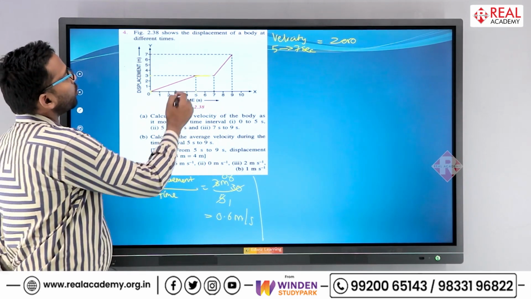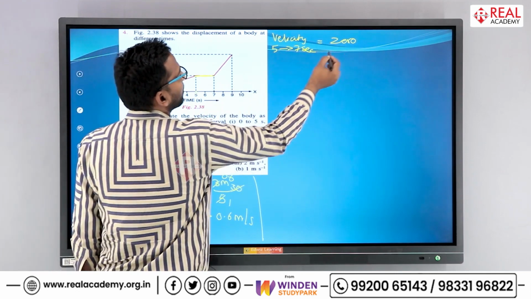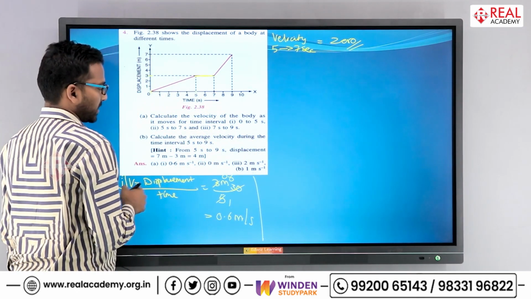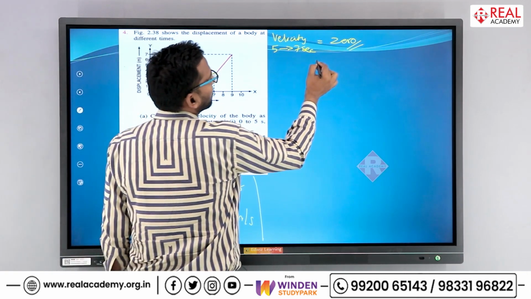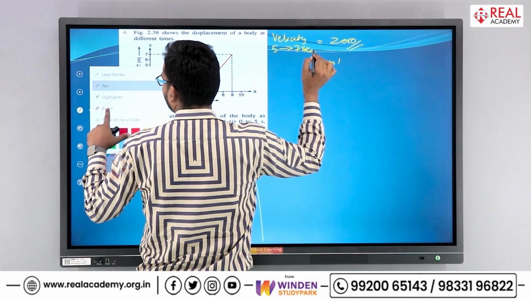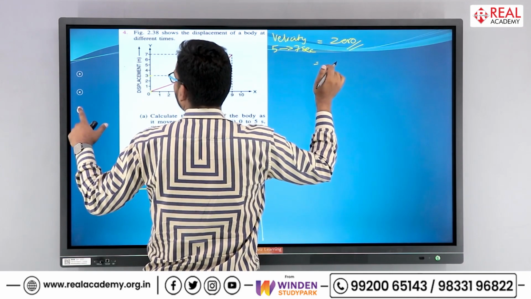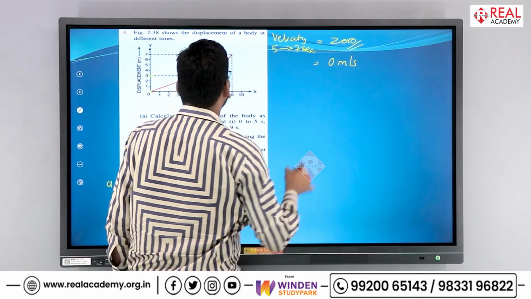There is no displacement, it's a constant value of 3 meter. So no displacement means the velocity will also be 0 meter per second.